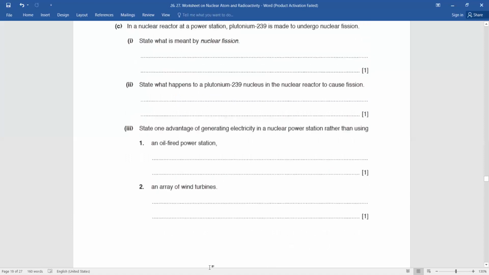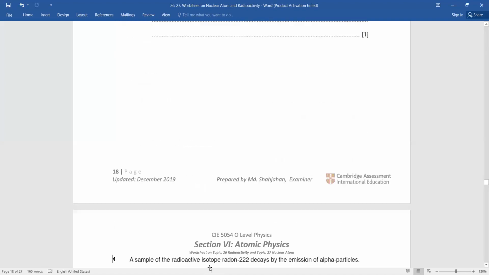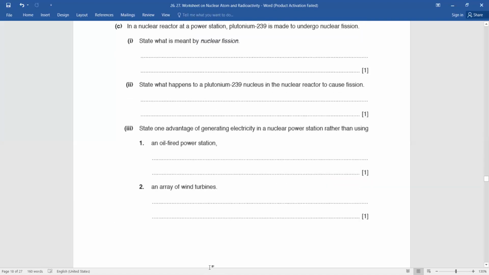The wind turbine is not reliable. It's not always available. It helps a lot. But a nuclear power station is always available. It is reliable. Whenever we need it, we can get it. Did you write? Yes, sir. A nuclear power station is reliable.